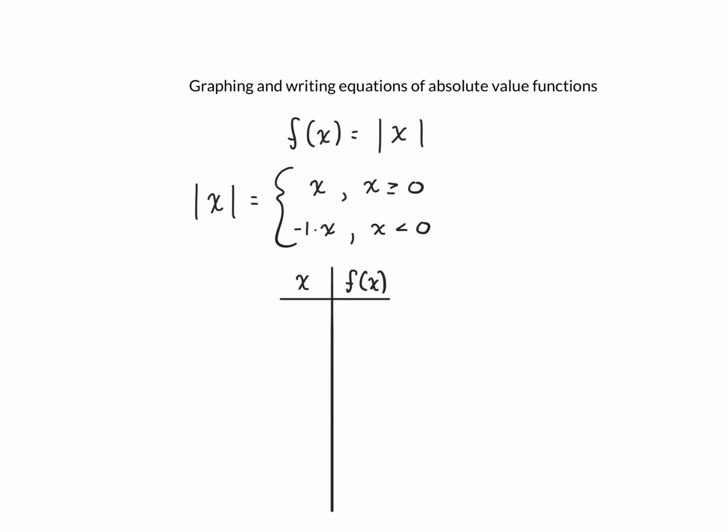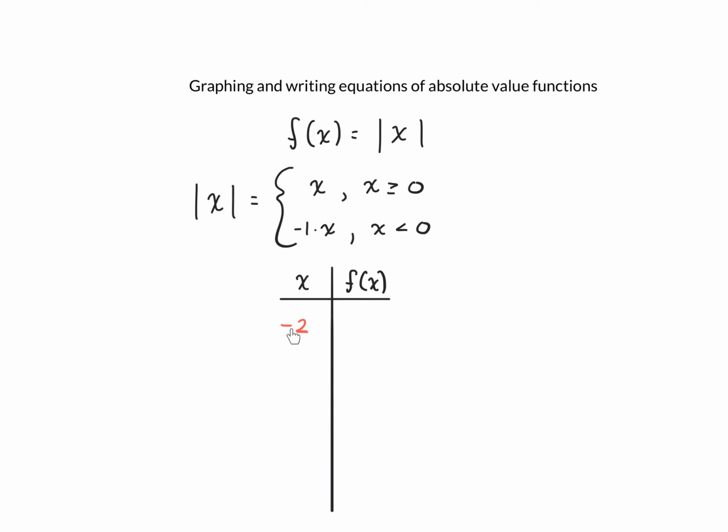So, for instance, if I take a negative number like -2 and evaluate it, I'm using function notation to calculate the value of f of x. The value of f of x is found by evaluating the absolute value of that number.